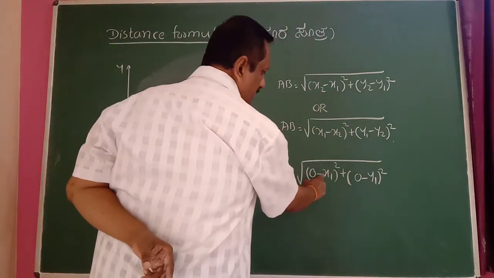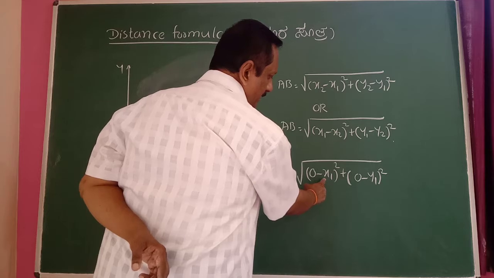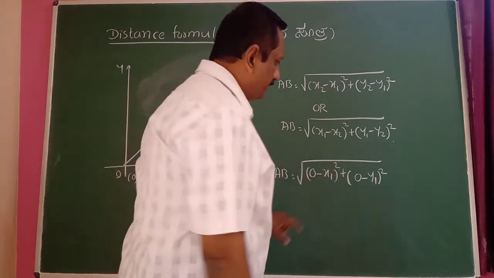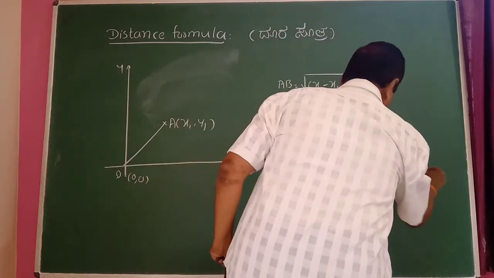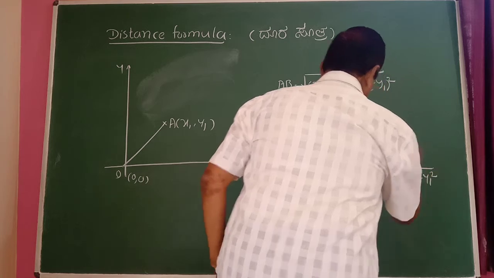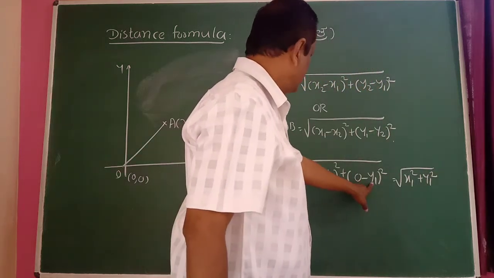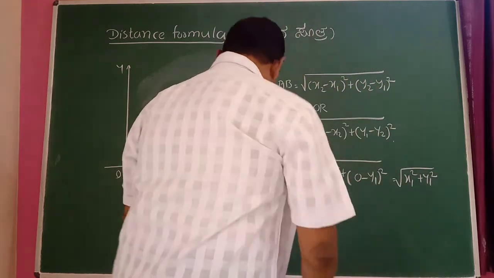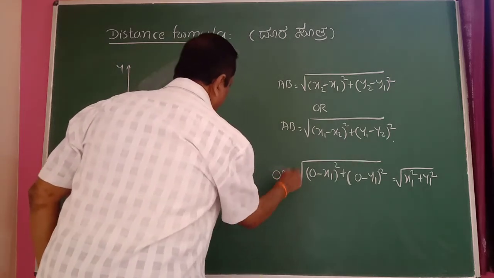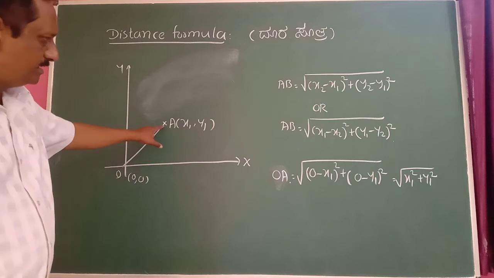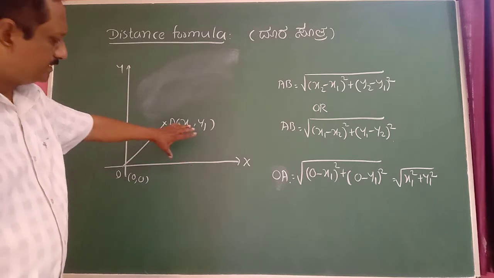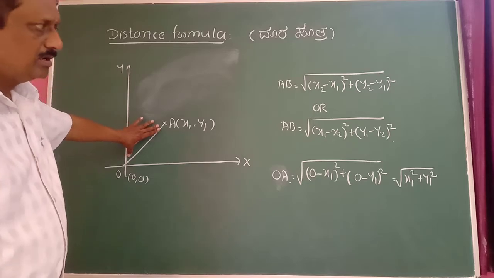So 0 minus x1 is minus x1 only, and minus x1 squared becomes plus. It gives the root of x1 square plus y1 square. Yes, it gives the distance of the point from the origin: root of x1 square plus y1 square.